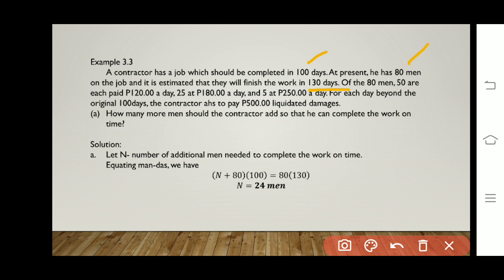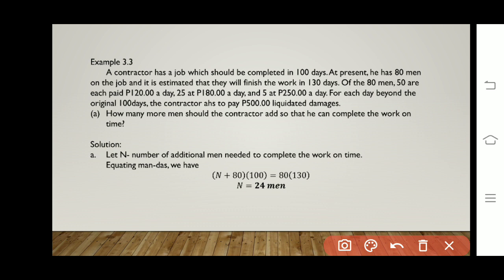So, diba, dun sa 80 men na yun, 15 tao daw ay 120 pesos ang bayad per day and then 25 katao naman na 180 pesos a day and then 5 tao at 250 pesos a day. Siguro yung 5 tao yung foreman, tas itong 25 is yung mga skilled worker, tas ito naman yung unskilled.